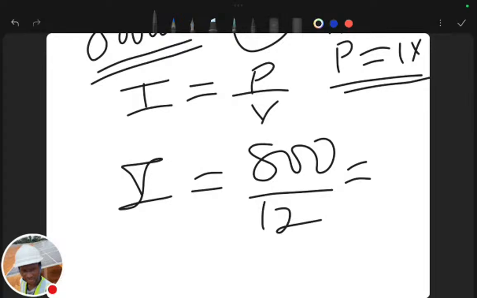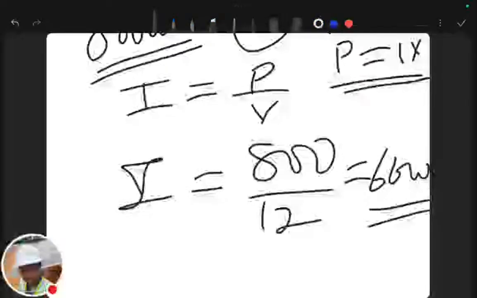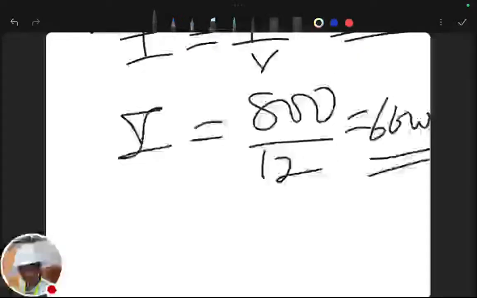It's supposed to give us 66 amps. Well, this is all sweet and good, but let me tell you, you will not get 66 amps. That's not possible. Of your panel, you can already estimate the current you're going to get from the panel, right?